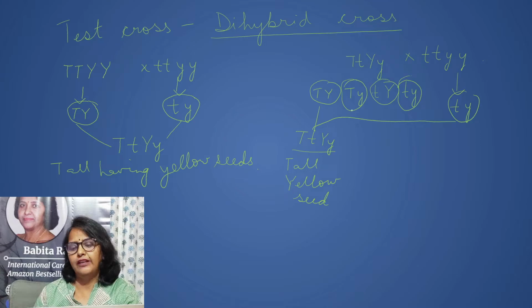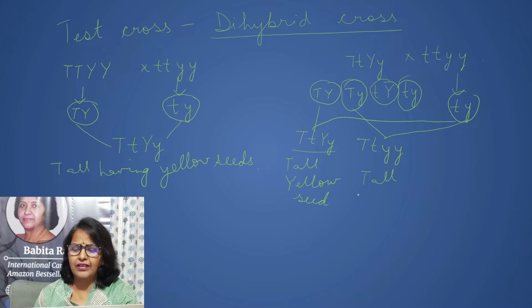For this one, what will be the phenotype? Capital T, small y, small y. Tall with green seed. If we take this one, small t, capital Y, small y.